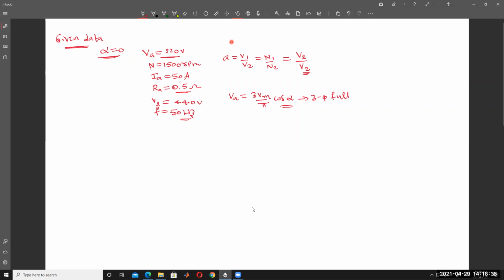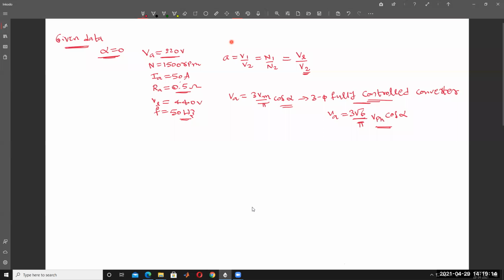Otherwise, VA is equal to 3 root 6 divided by pi into V phase cos alpha. From this relation, find V max, Vm.